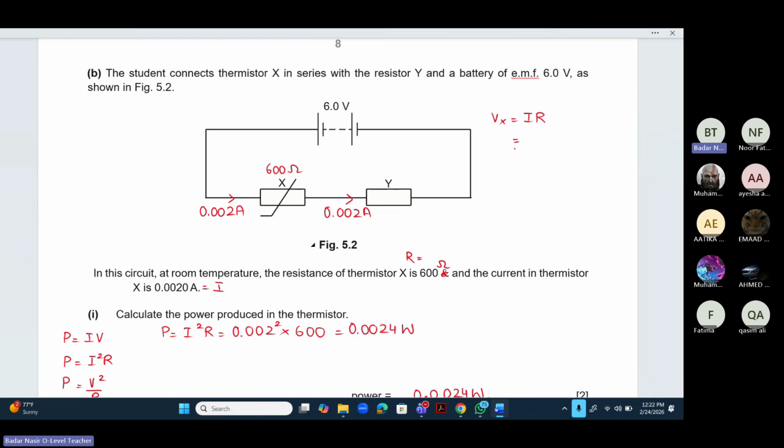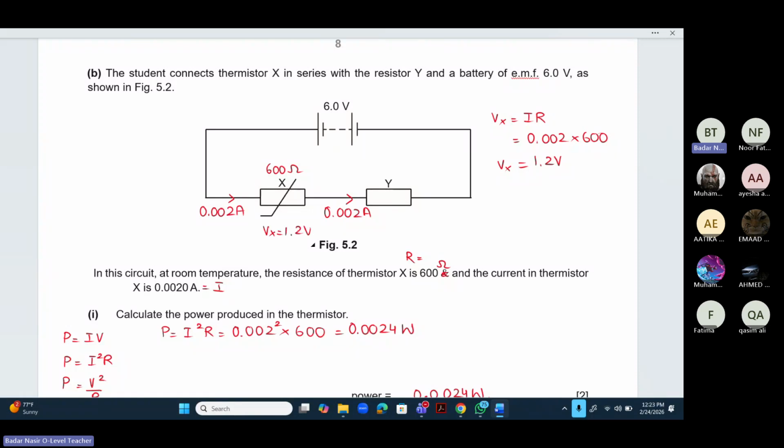X में करंट कितना है, 0.002, और X की रेजिस्टेंस कितनी है, 600 ohms. So we get 600 times 0.002 and we get 1.2 volts. ठीक है, so this is the voltage across X.